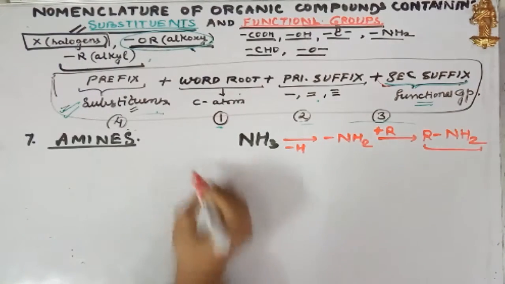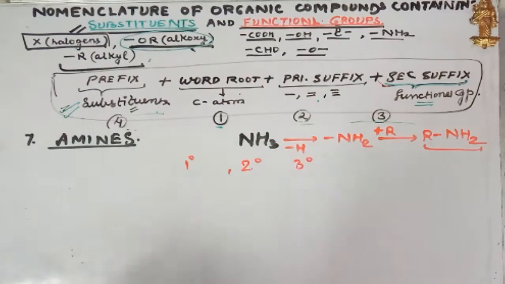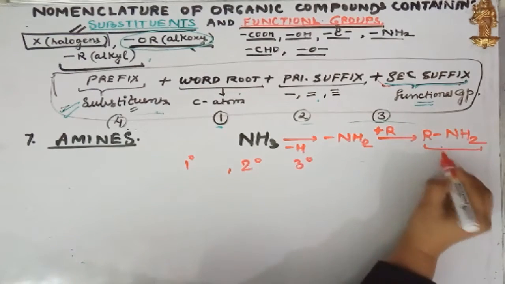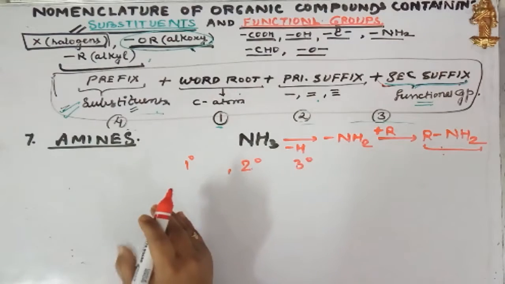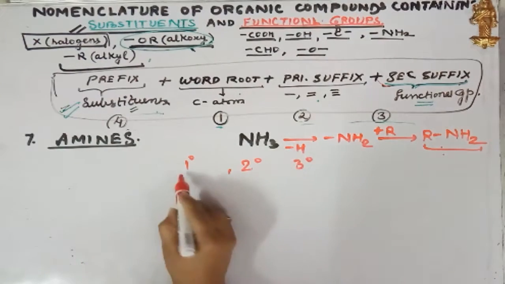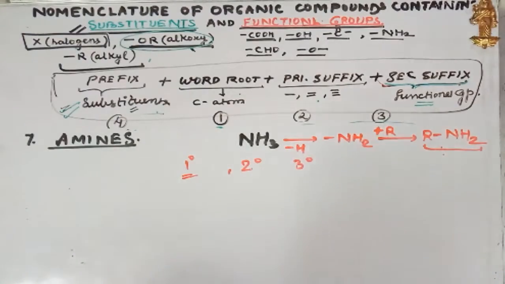Amines are categorized as primary amines, secondary amines and tertiary amines, and we will be naming them in different patterns. The kind of amine which is attached to a single carbon atom on one side only is known as a primary amine. So let us name the primary amines first.